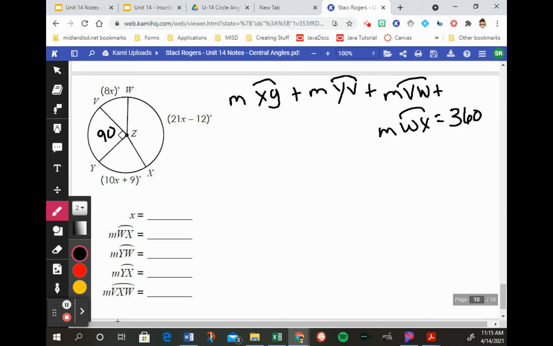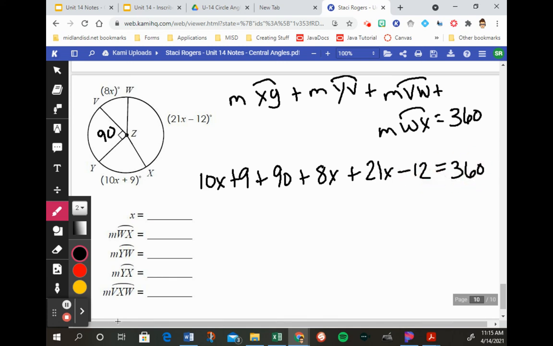So let's add what we know. XY, 10x plus 9. YV, 90. Plus VW, 8x. Plus WX, 21x minus 12 equal to 360. So I'm going to underline my x's.